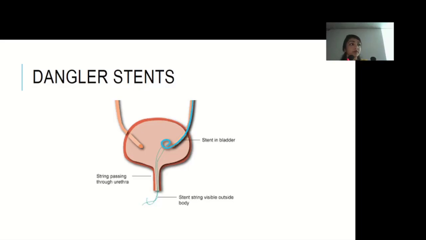So your wishes will be different from upper tract to lower tract, and in that way you will pick and choose one stent which is actually for that condition and that patient, not a blanket sort of stent which we have.